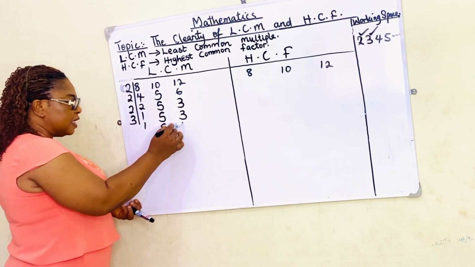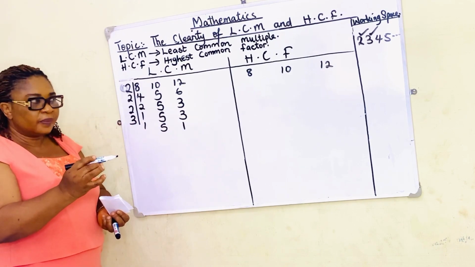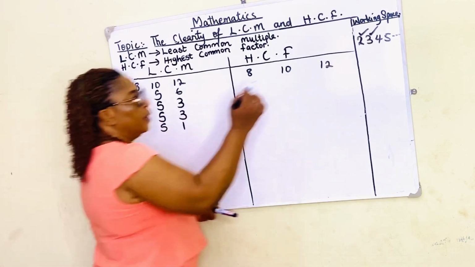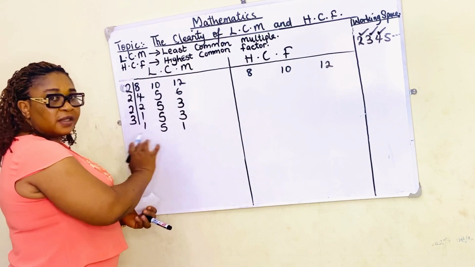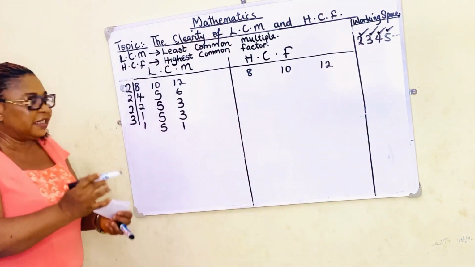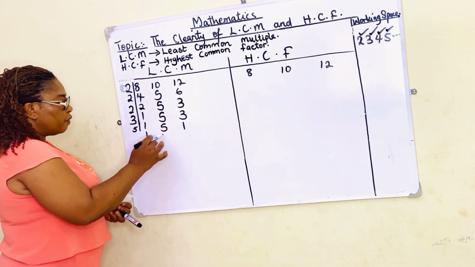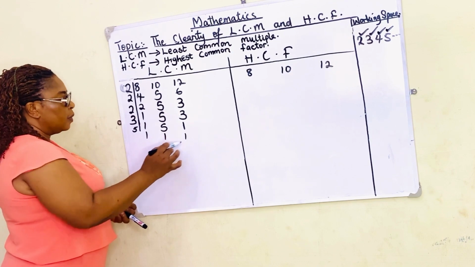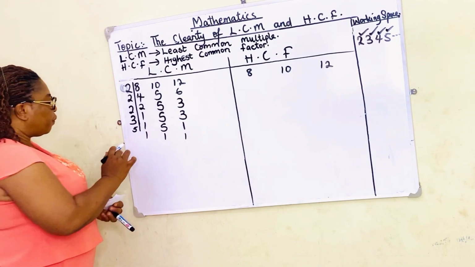But 3 can divide itself, and when it divides itself, it gives us 1. I check the next number, 4. 4 cannot divide. And I check the next number, 5. 5 can divide. I use 5. 5 divide itself gives us 1. And when it is 1, 1, 1, it has finished.